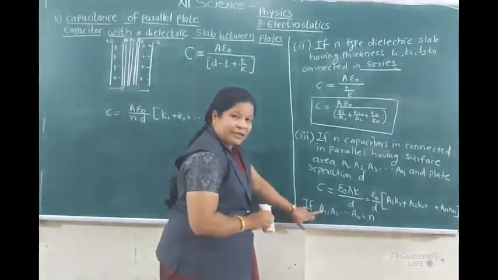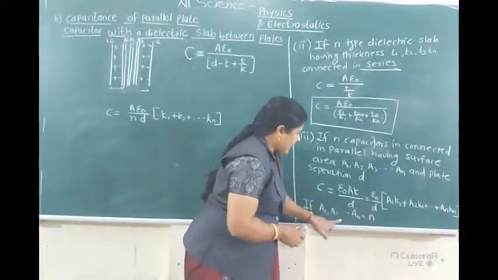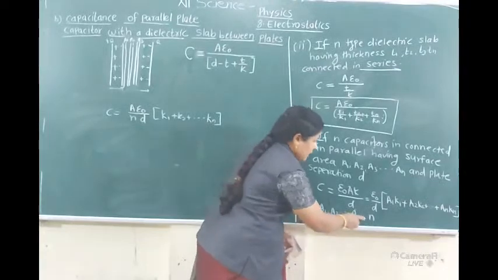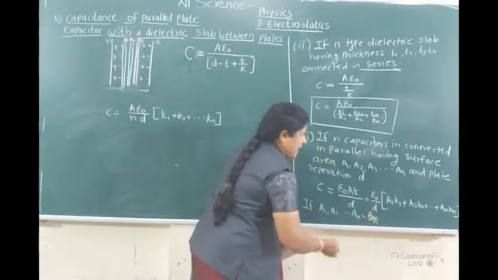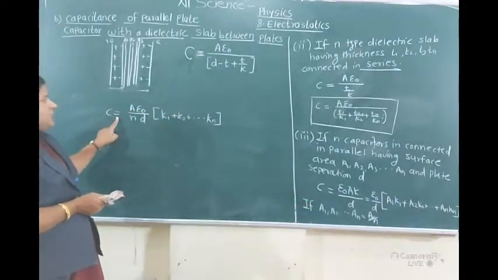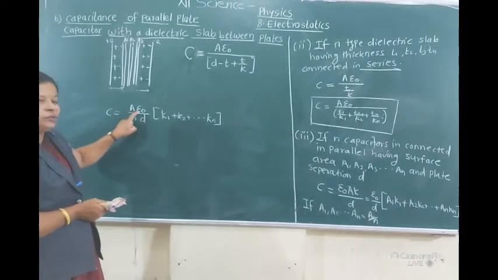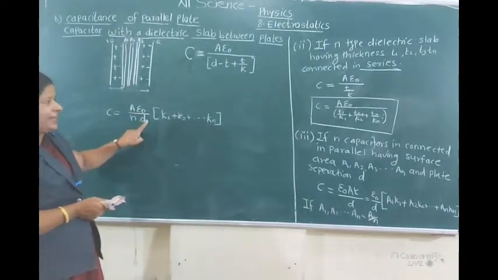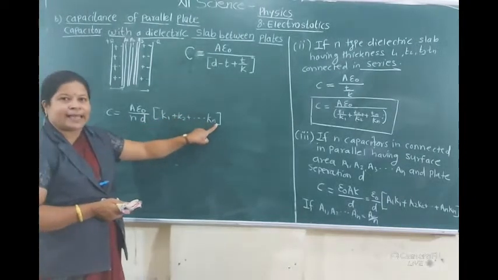If the capacitor areas are equal, then A1 to An each equal the total area A divided by n. So we substitute this value, we get C is equal to A divided by n, epsilon 0 divided by D in bracket K1 plus K2 plus up to Kn.